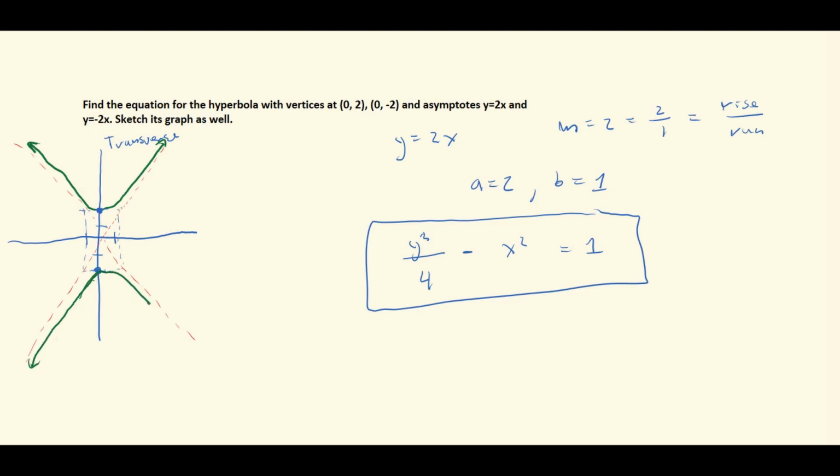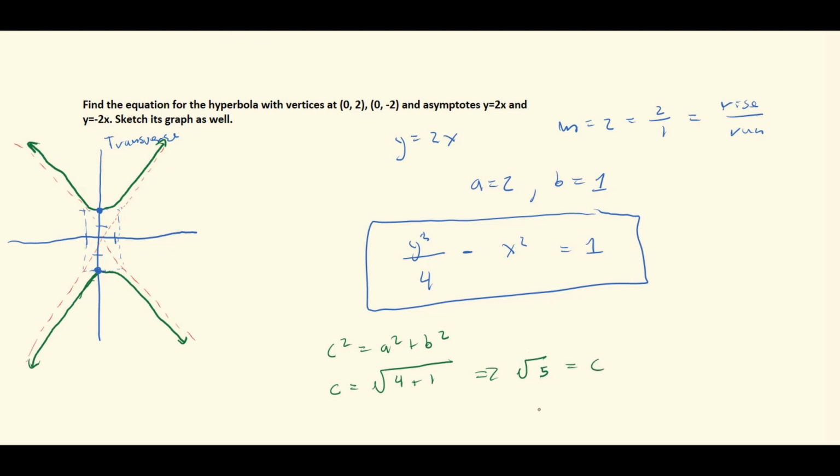And then to find where the two foci lie, we're going to use the equation c squared is equal to a squared plus b squared. We know what a and b are, so we can say that c is equal to the square root of a squared, which is 4 because a is 2, plus 1 because b was 1. And that gives us the square root of 5 is equal to c.